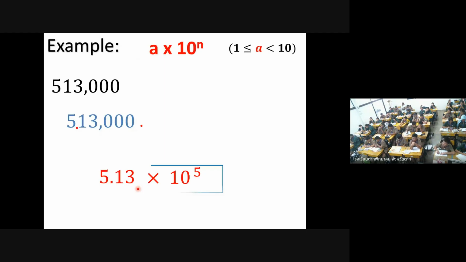And from right going to the left, the exponent is a positive number. Everyone, read the answer. Okay, very good. Next.